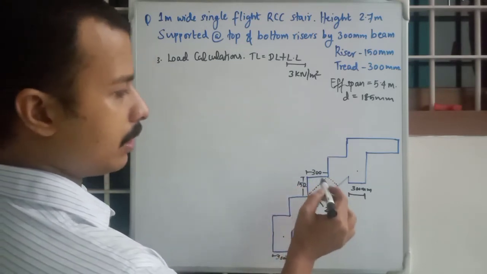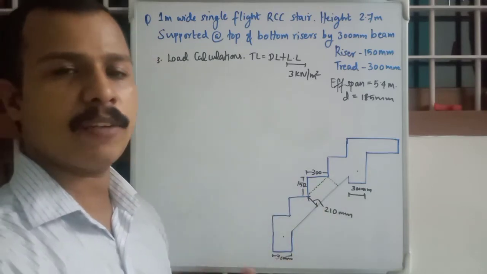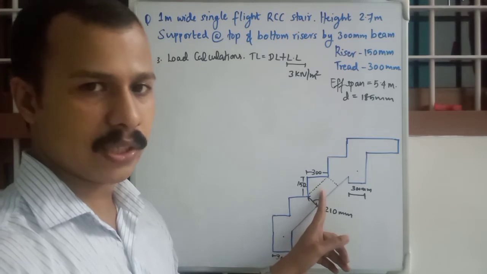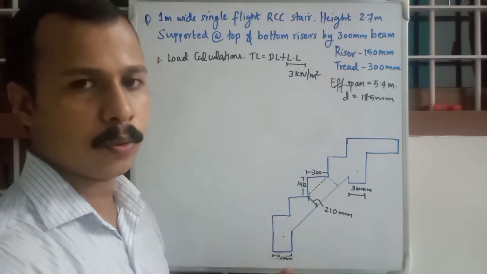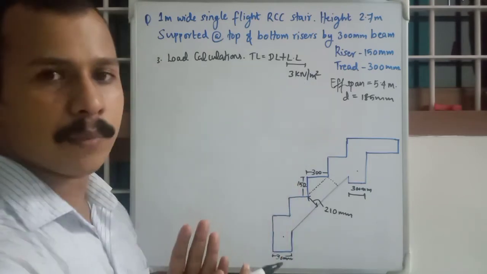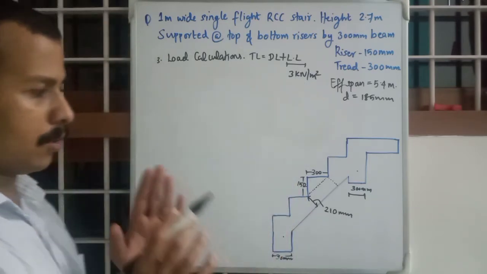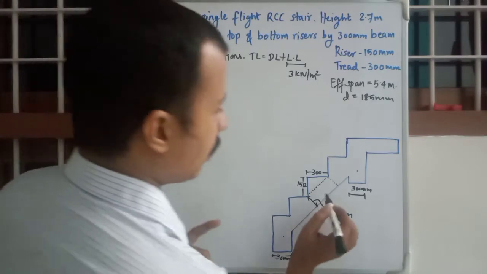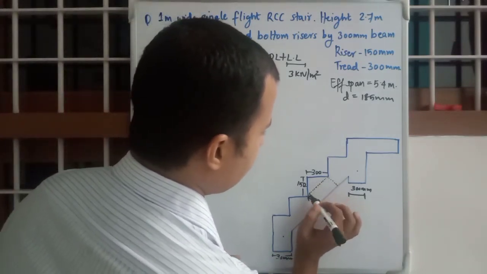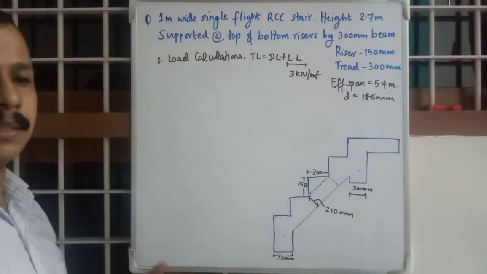Then we will multiply it with 25 kilonewton per meter cube as a weight density of concrete, as we do in every RCC structure. Then we will convert it into this unit. Okay, that's what we are going to do. So simple as that. Now first we will calculate this slanted line dimension. How can we calculate? Simple Pythagoras theorem.